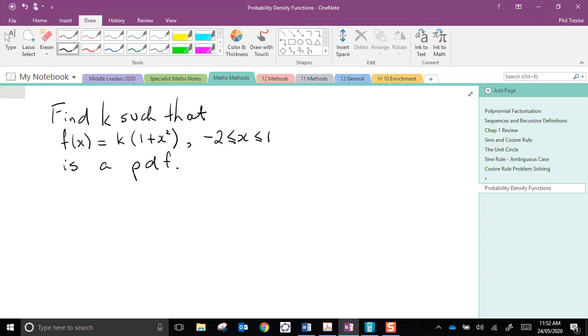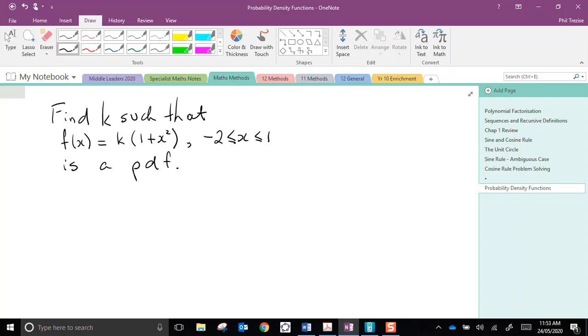Let's just think for a minute, if we were to use x of -2. -2 squared will become a positive, so the brackets will be positive, and as long as k is positive, our function will be positive. In fact, it won't matter if x is positive or negative, squaring will always give a positive result here, so this is at least promising. It's always going to be positive if k is a positive number.